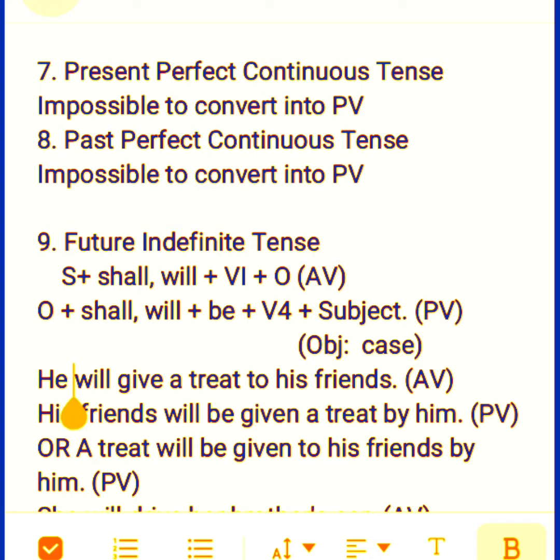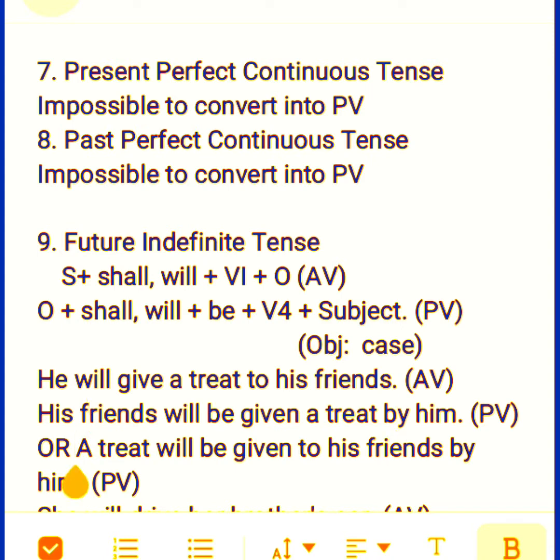Look at this sentence. He will give a treat to his friends. This is active voice. For passive voice, his friends is the object, so we have to keep this first. His friends will be given a treat by him. So here we have kept the indirect object in the first place, and there is no "to" in this sentence.